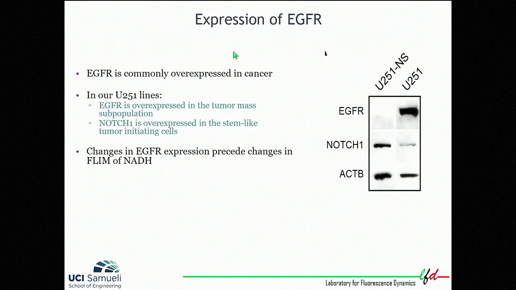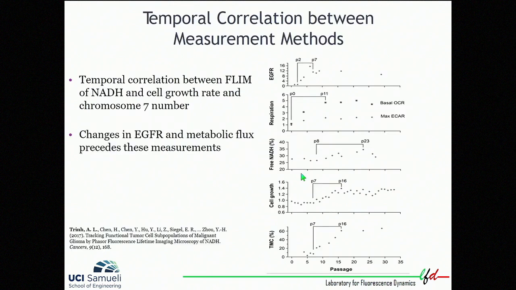In relationship to the expression of EGF receptor, we understood that the tumor mass populations have a higher overexpression of EGFR. And if we look now at these two different cell types, we could see that there's a change in EGFR expression which precedes changes of FLIM and NADH.